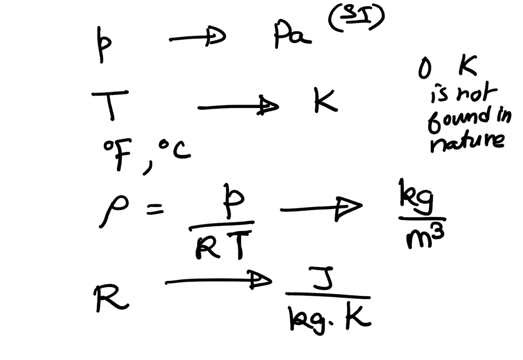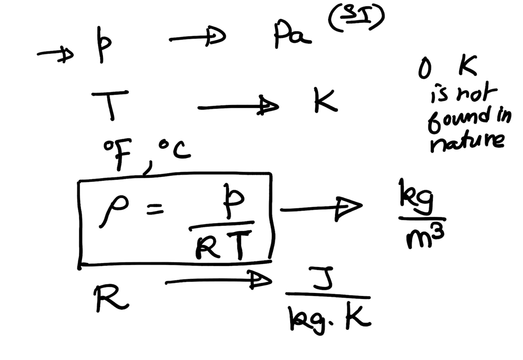So T cannot be 0 in this system. T goes from 0 Kelvin and upwards. There is no upper limit, so T can be any non-zero number. So always use this form of the ideal gas equation with the quantities in these units. Okay, so this is going to be very often used.